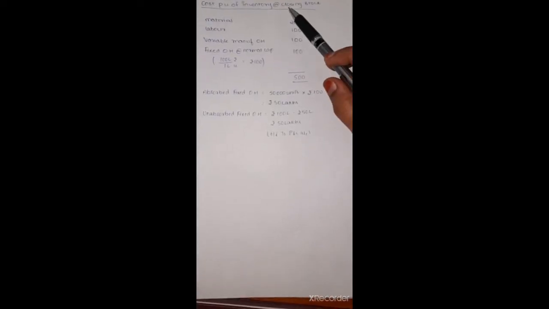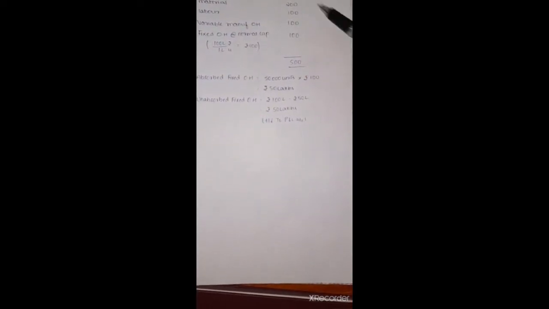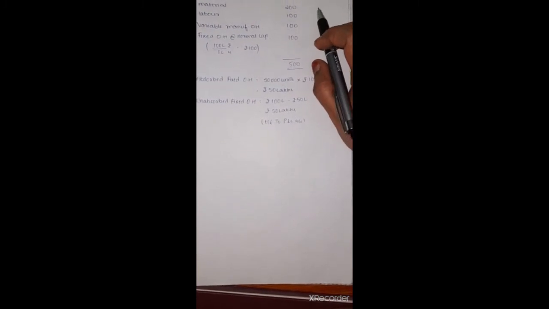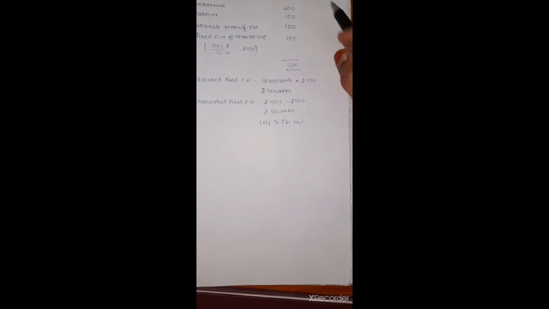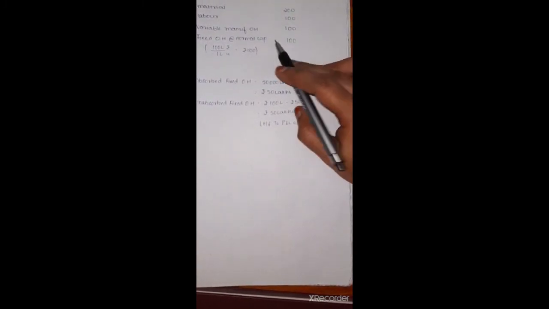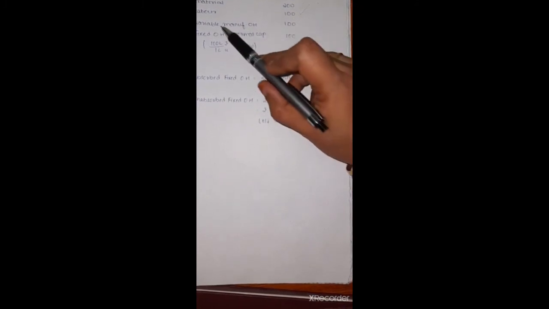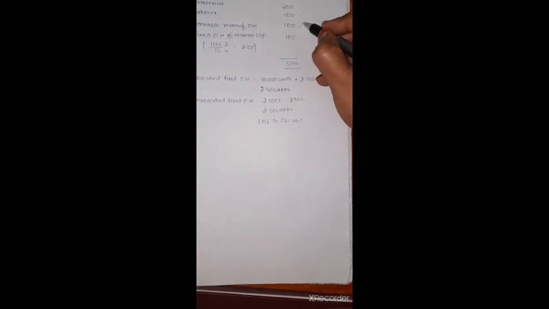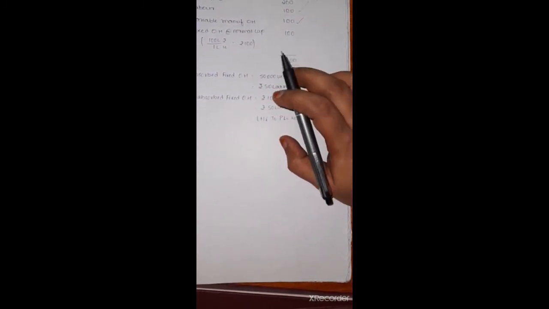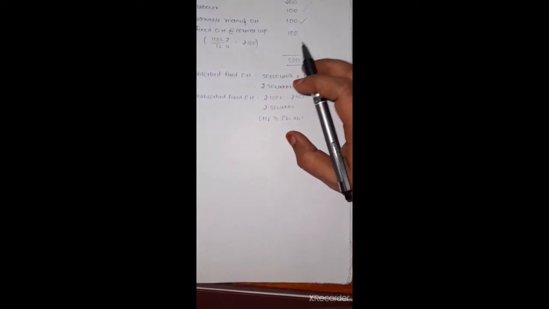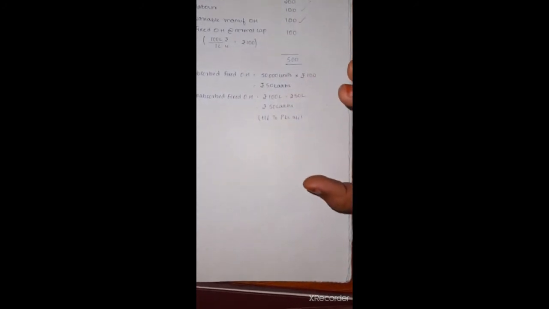Let us solve this November 2020 RTP. The question is asking what is the cost per unit of inventory which is lying at closing stock. The question has already clearly given that material is 200, labor is 100, variable manufacturing overheads is 100. But the question hasn't given the absorbed fixed overhead, that is the absorption rate of fixed production overheads.